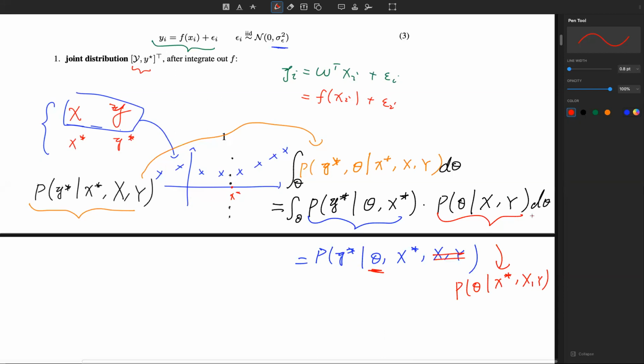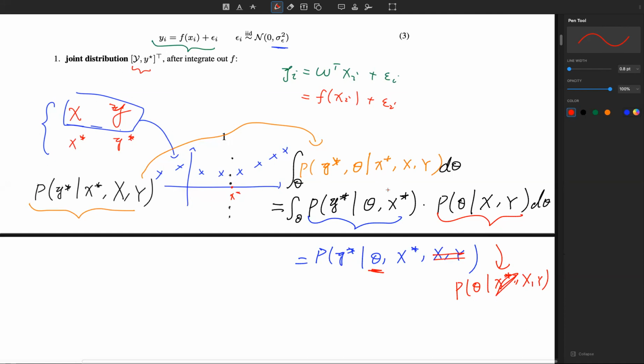And why is this? Because having simply X star is totally useless, since you're not trying to predict Y star. To get theta, you need both X and Y pairs, so that's also conditionally independent of that. Okay, that's the Bayesian predictive formula. You should just know it.